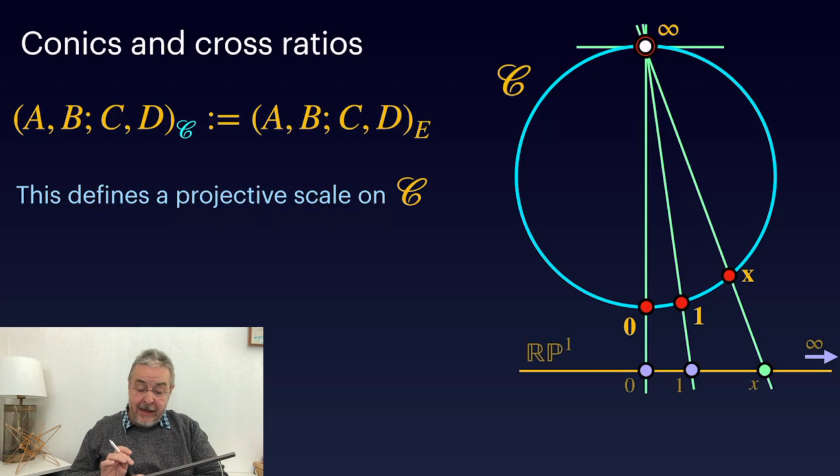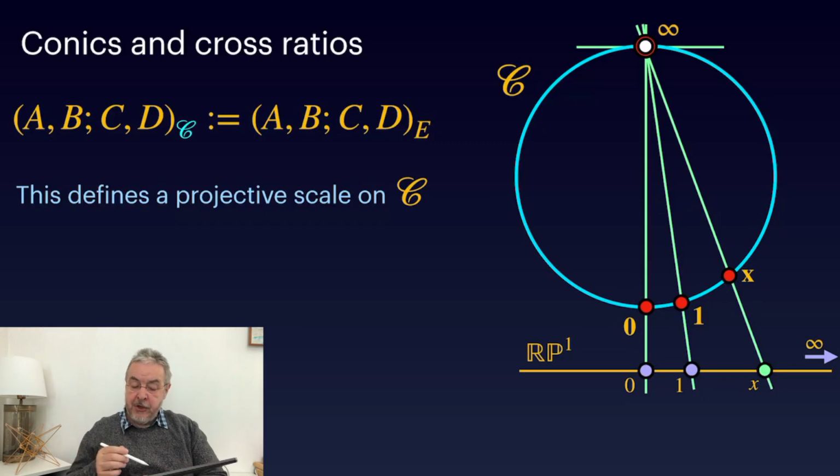So by that, you get an identification of the border of your conic, of the line that makes up your conic, to the real projective line. So each point on the conic really corresponds to one point on the projective line, and this special projection that you have here is called the stereographic projection of a circle to the line.